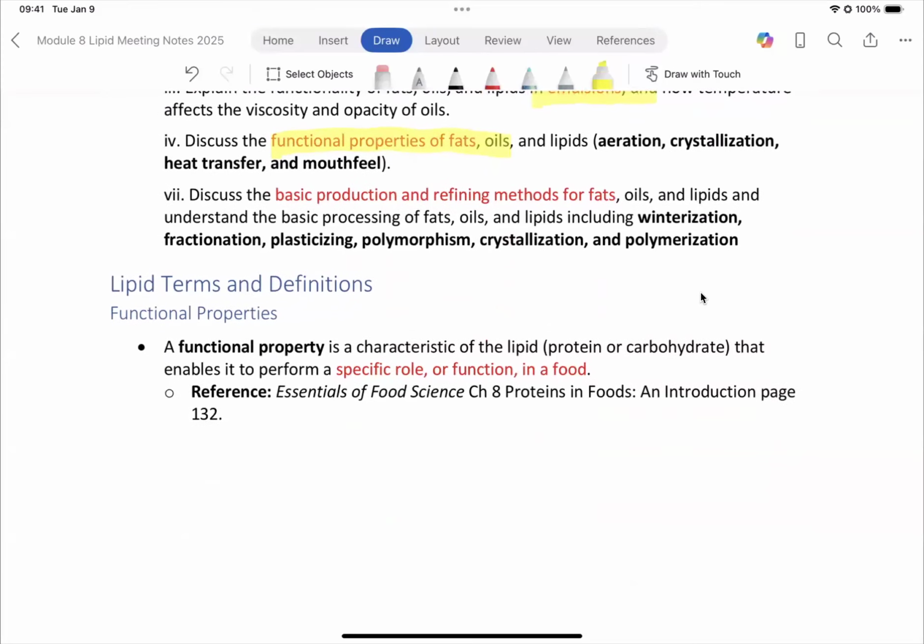Then I'm going to give you some basic refining terminology. The ones listed here are the ones you need to know: winterization, fractionation, plasticizing, polymorphism, crystallization, and polymerization.